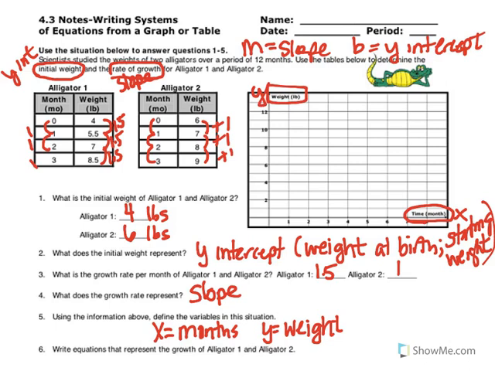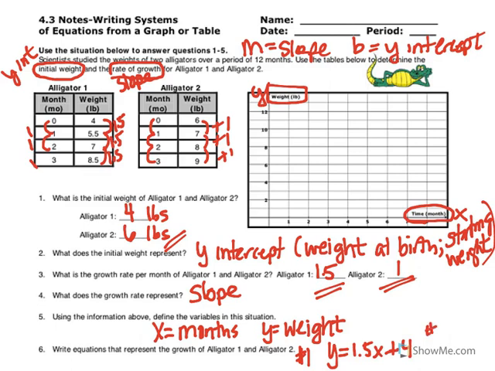Okay, now we need to write the equations for alligator 1 and 2. Well, we have our slopes, which is the growth rate, and we have the y-intercepts, which is the starting weight. So let's go ahead and write for alligator 1: y equals 1.5x plus 4.